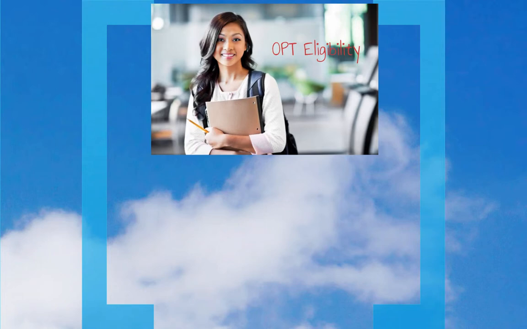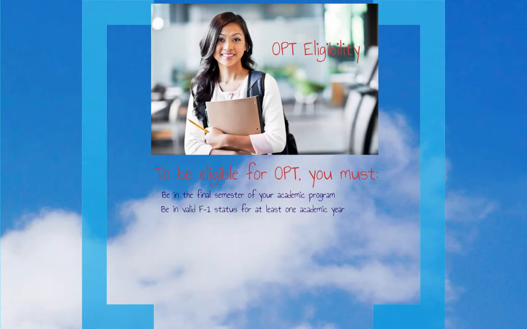To be eligible for OPT, you must be in the final semester of your academic program, unless you're applying for pre-completion OPT. You must be in valid F1 status at the time of application, in good academic standing, and have been enrolled on a full-time basis for 1 full academic year, which is 2 full academic semesters or 9 months.